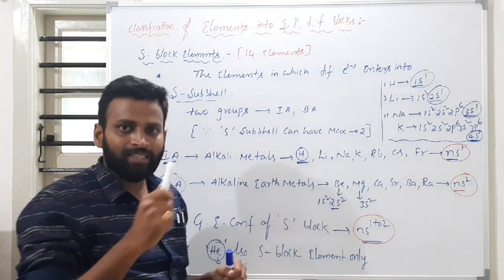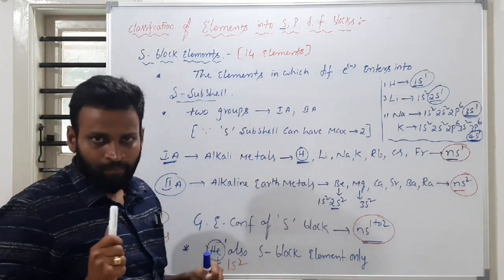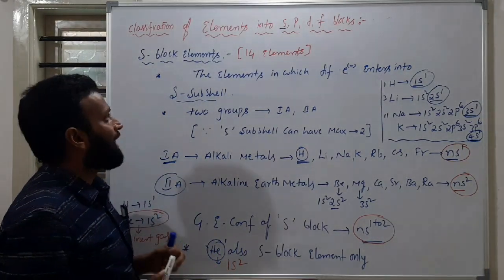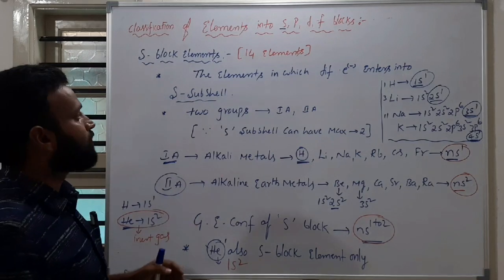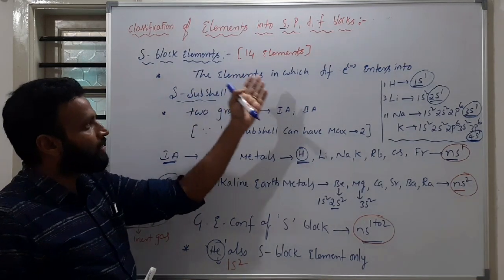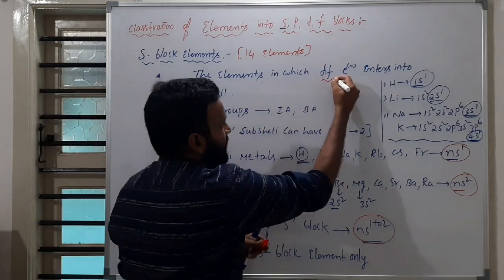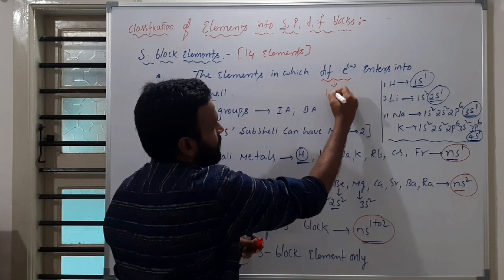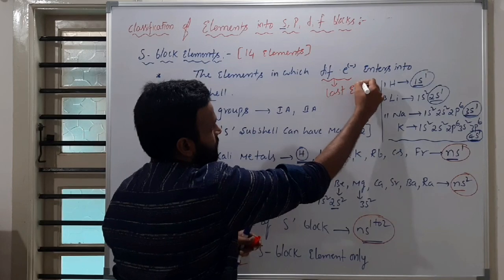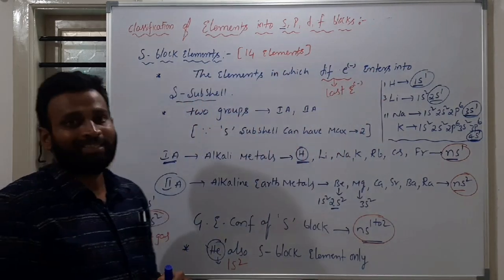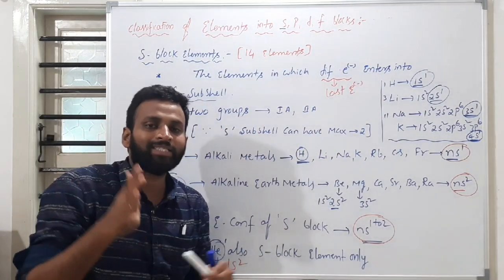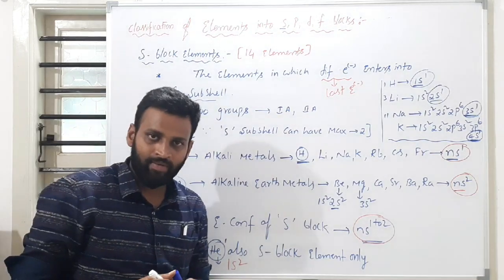Helium comes under the s block. So why are they called s block elements? Because in those elements the differentiating electron, the last electron, enters into the s subshell.